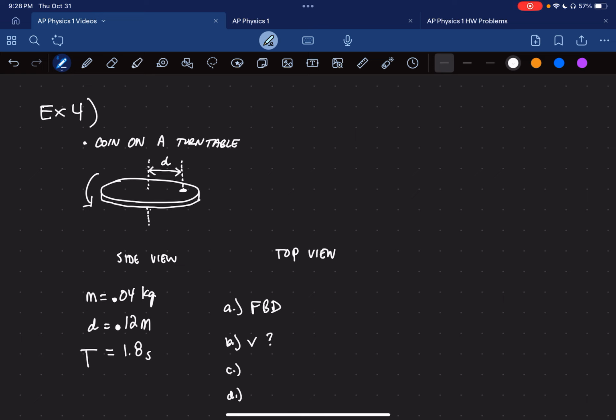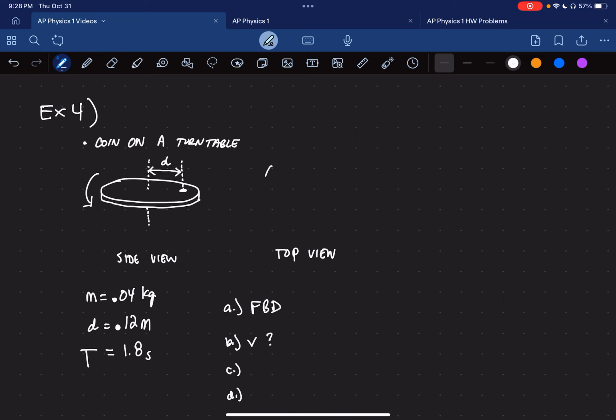This is the axis of rotation for the turntable. The coin is right here. It's placed a distance d of 0.12 meters, in other words, 12 centimeters, from the axis of rotation, and it's spinning this way. This is a side view, and go ahead and take some time to draw that.